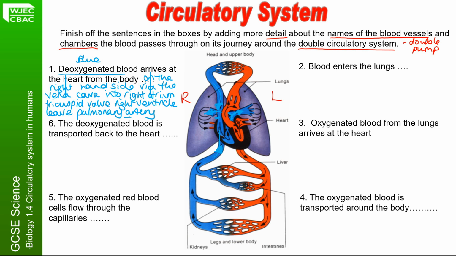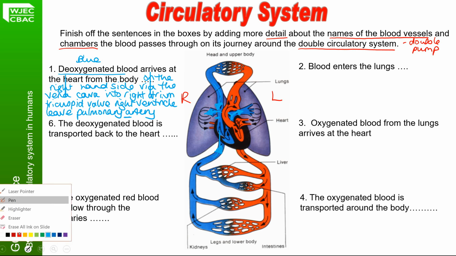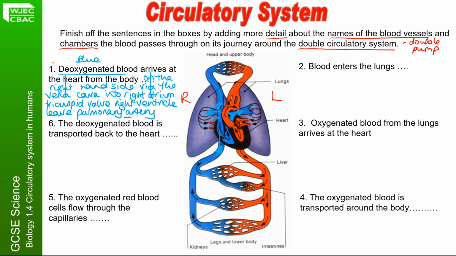So I'm now going to swap to red, because at number 2, that was number 1, number 2, this blood is entering the lungs and it's going to pick up oxygen. We now say it's called oxygenated blood.